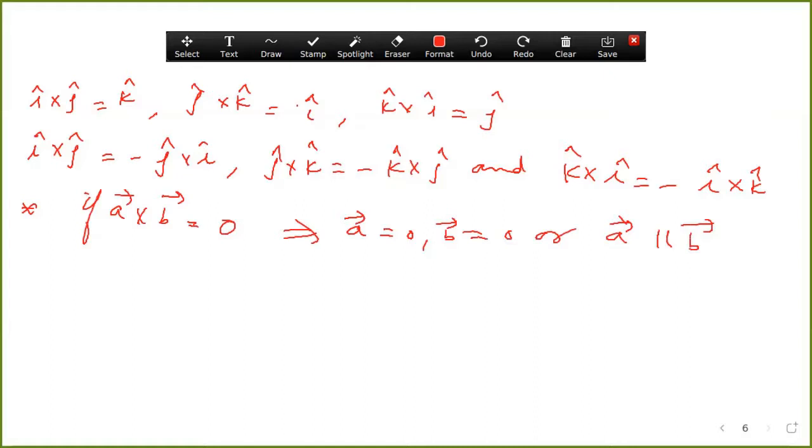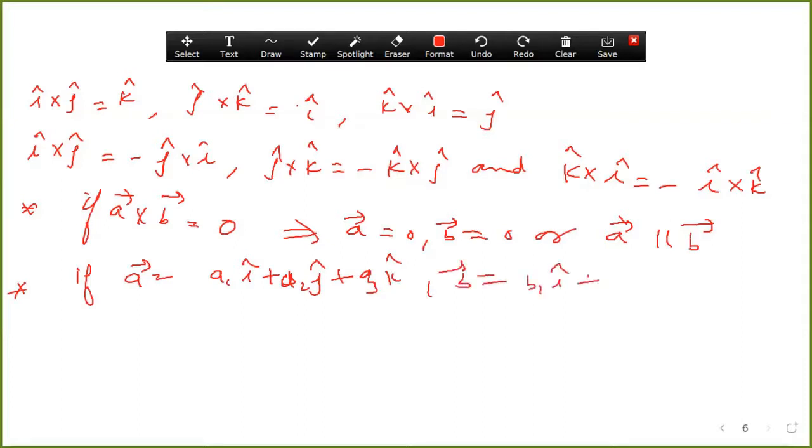Now how to calculate A cross B? If A vector is equal to A1 i plus A2 j plus A3 k, and B vector is equal to B1 i plus B2 j plus B3 k, then you can calculate A cross B vector.